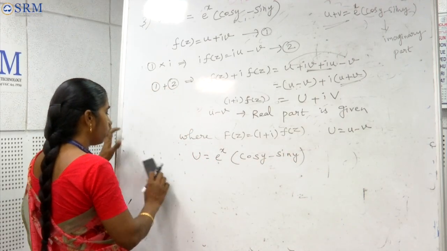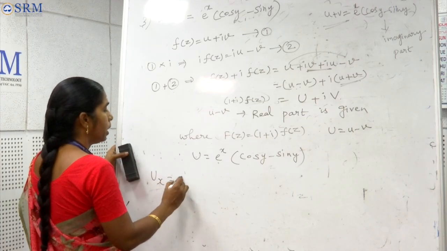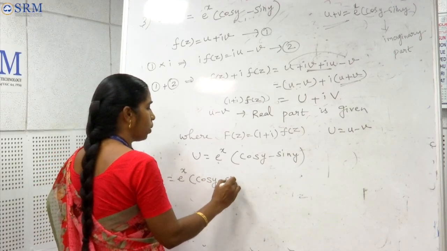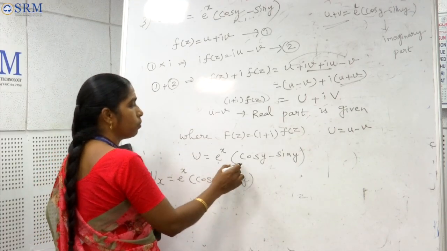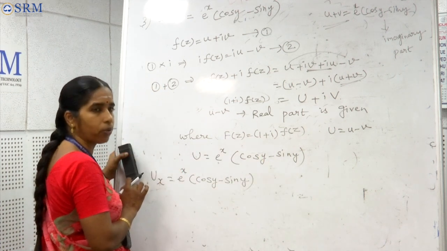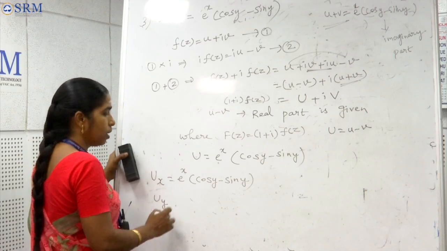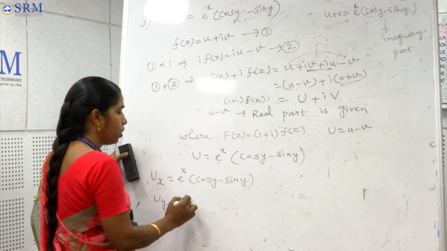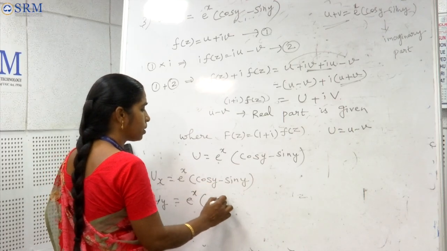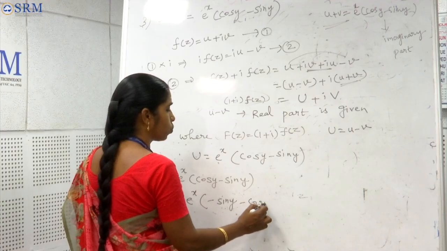Ux is equal to e power x (cos y minus sin y). In terms of x, y is treated as a constant, and the differentiation of e power x is e power x. Next, Uy: differentiating with respect to y, e power x times cos y gives minus sin y, and the differentiation of sin y is cos y.